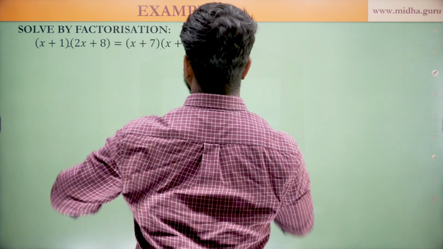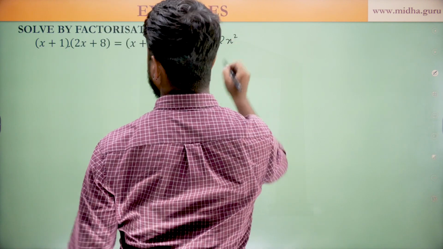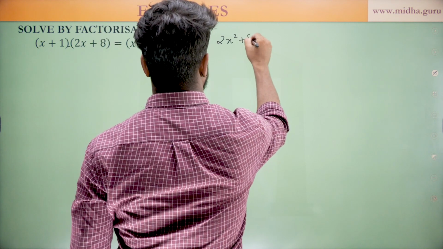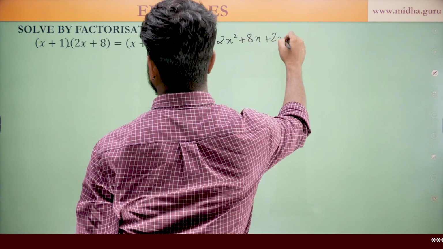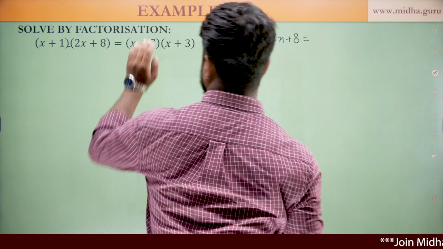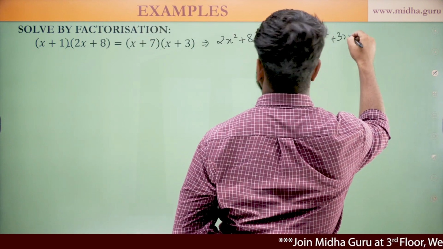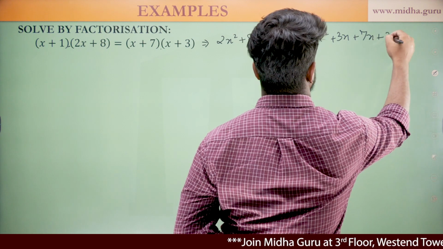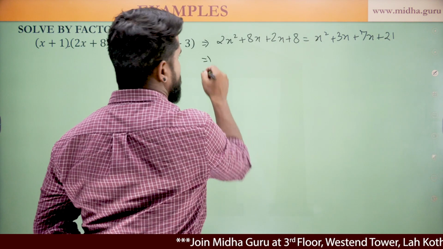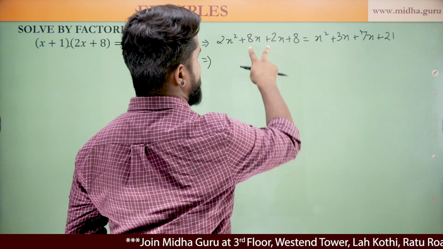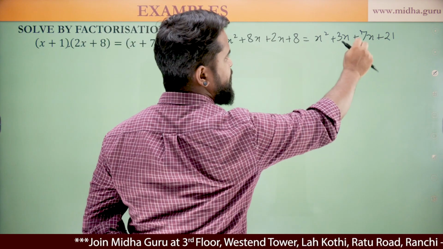On the left hand side, when I multiply, I get 2x squared plus 8x plus 2x plus 8. And on the right hand side, I get x squared plus 3x plus 7x plus 21. I bring all of this to one side. I add up here, it is 10x, and again I add up here, it is 10x.